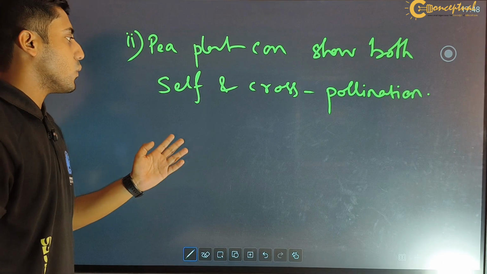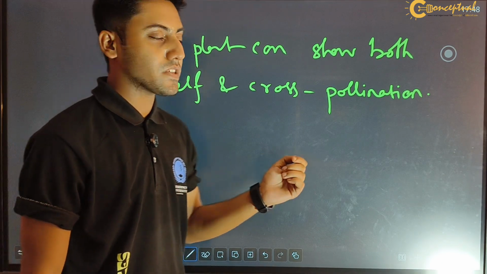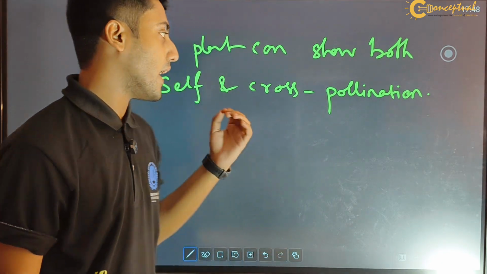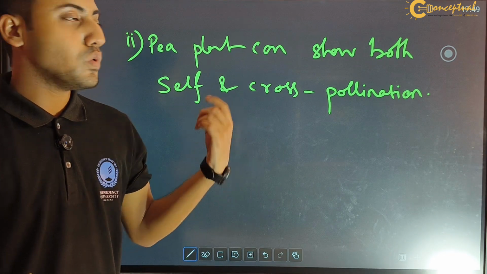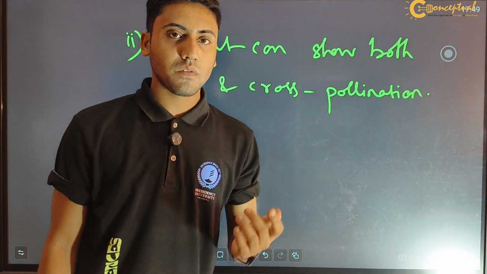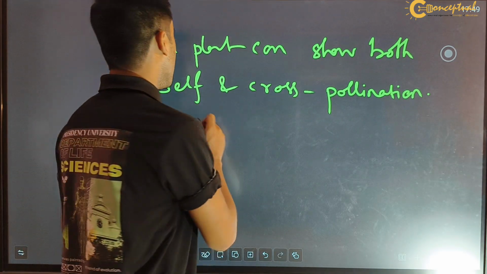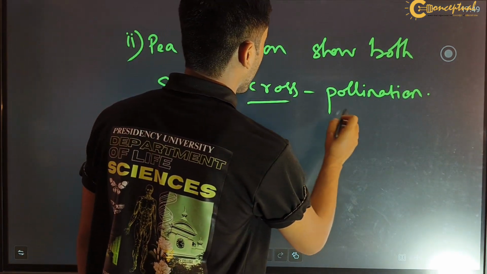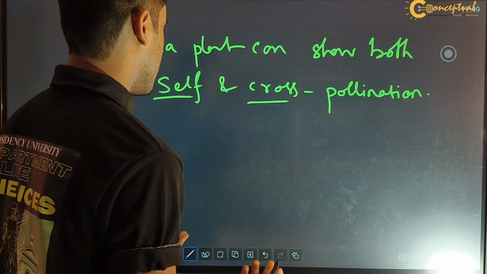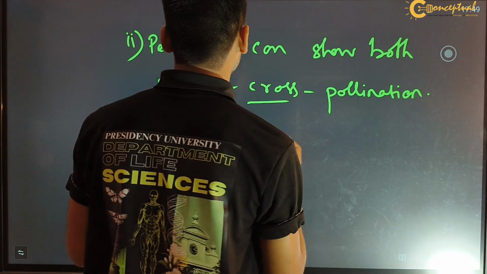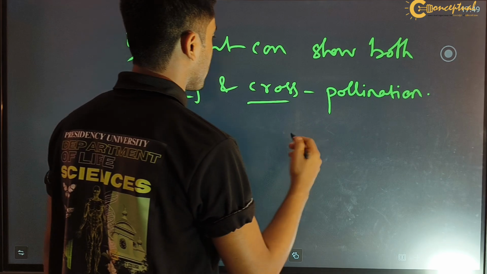Pollination is the process where the pollen grains of a certain plant species are transferred from the anther of the male part, or androecium of a flower, to the stigma of the female part of a flower, which is the gynoecium. So this can be either self or cross pollination, and the pea plant or Pisum sativum was showing both types of pollination.